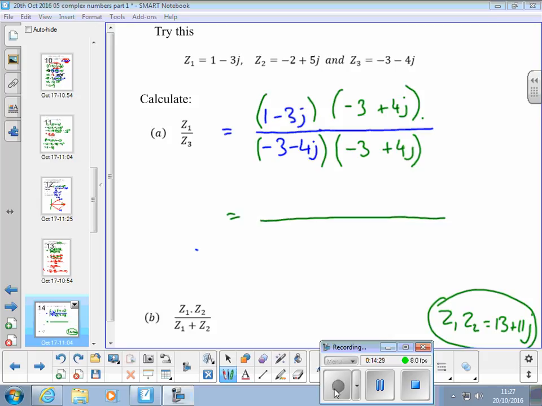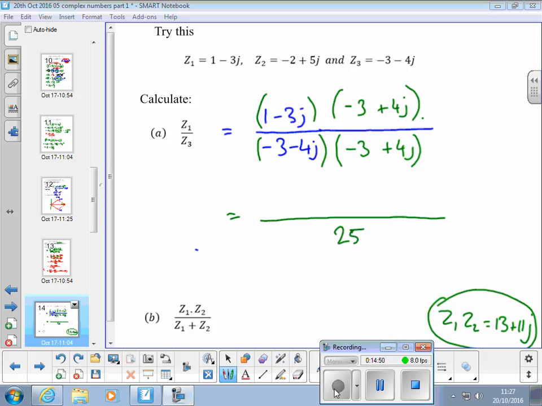We can multiply it out manually if we want to, but we know what happens to the bottom. It's equal to 3 squared plus 4 squared. That's equal to 25. You know that.